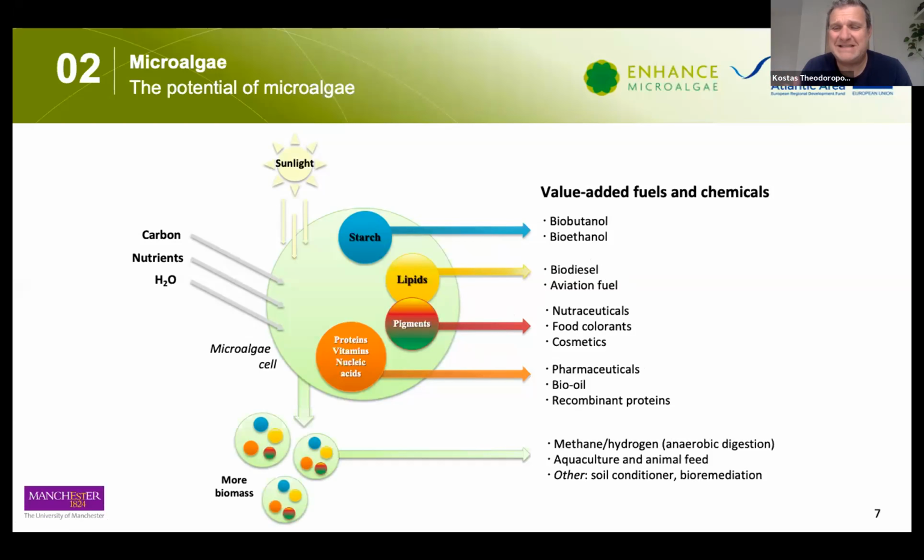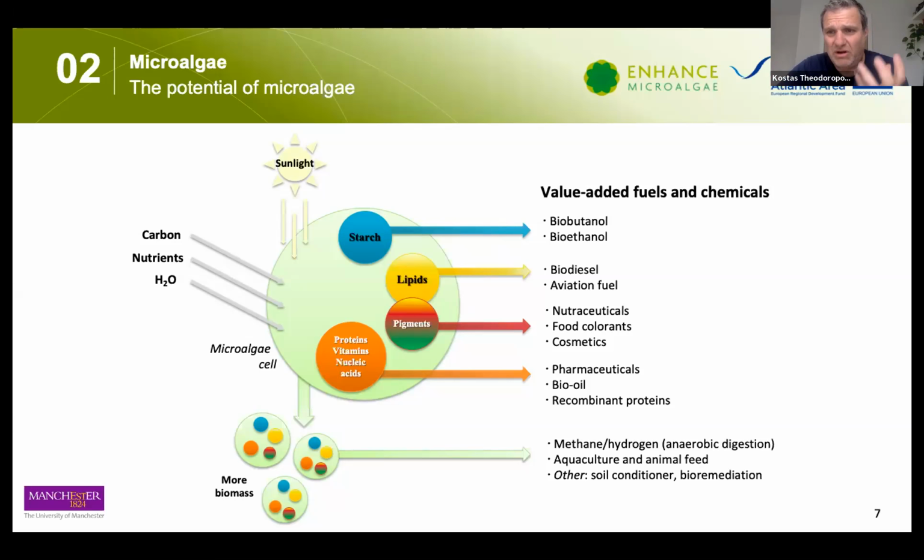What is very nice about this sustainable biomass is that even the rest of the cell is useful, right? What's left after you process these components. So you can obtain methane and nitrogen from anaerobic digestion, animal or aquaculture feed, or even soil conditioner and other materials.